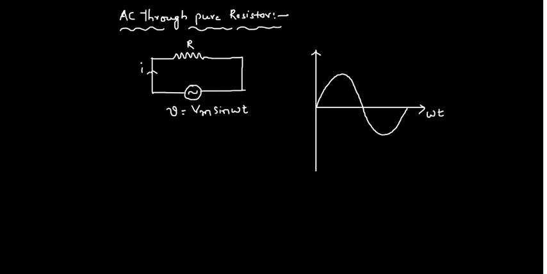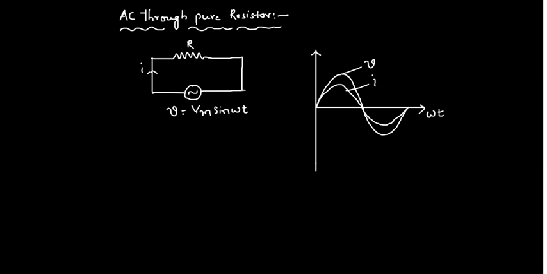At the same time, whenever there is voltage there is always a current, and this is how I get the current waveform. These are the waveforms of voltage and current when flowing through a pure resistor.